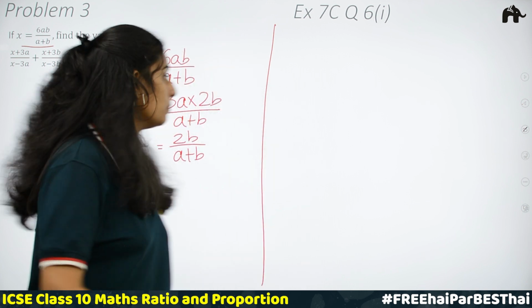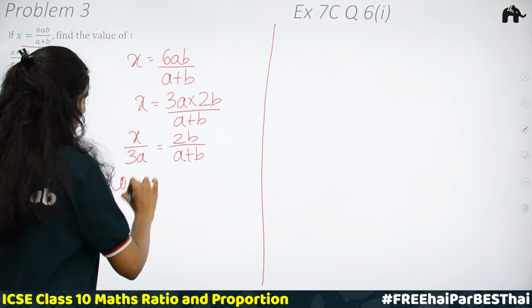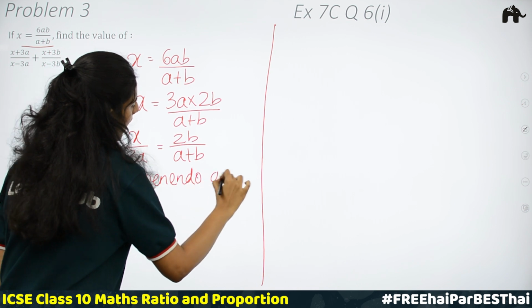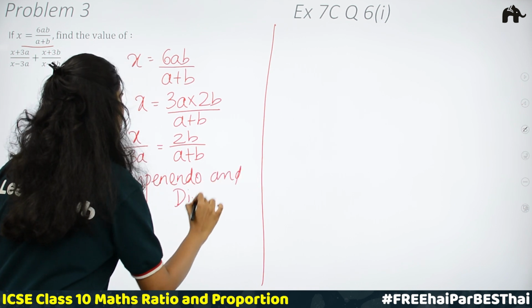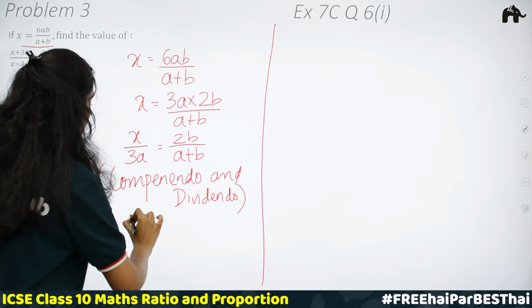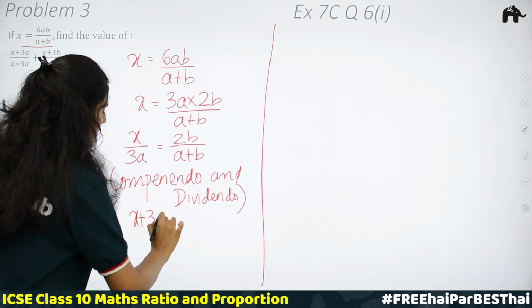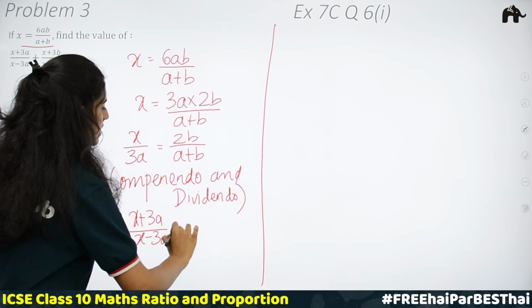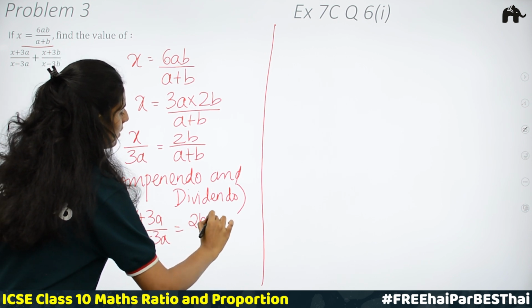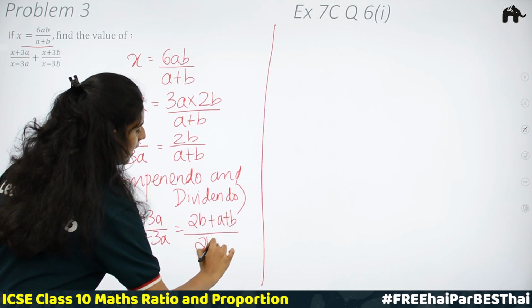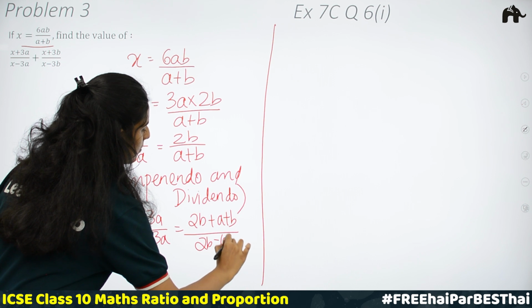On applying componendo and dividendo property, I will be getting (x plus 3a) divided by (x minus 3a) is equal to (2b plus a plus b) divided by (2b minus of a plus b).